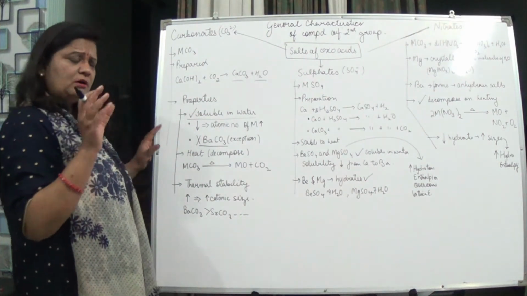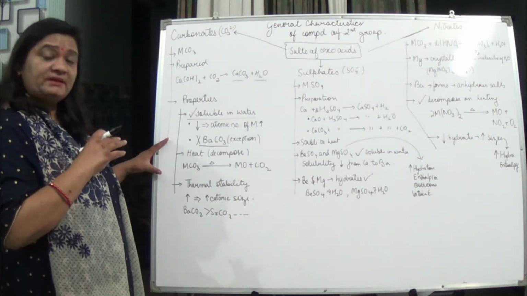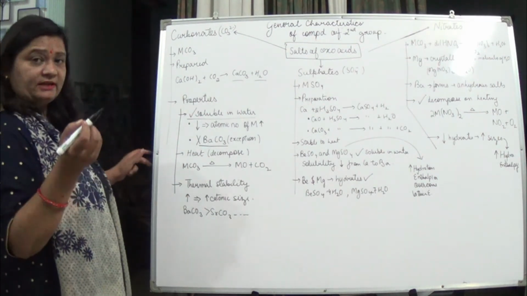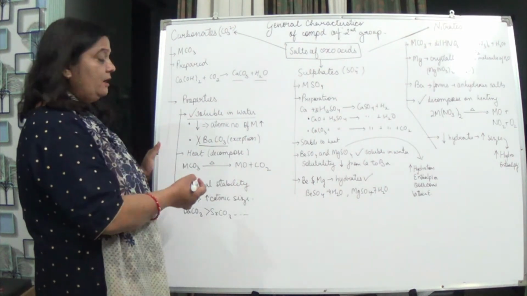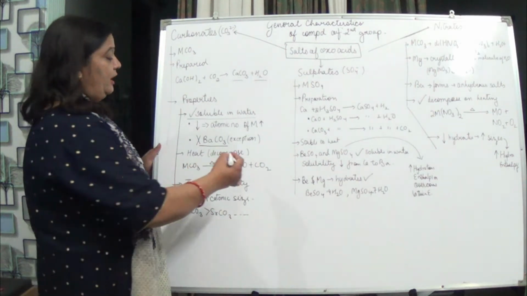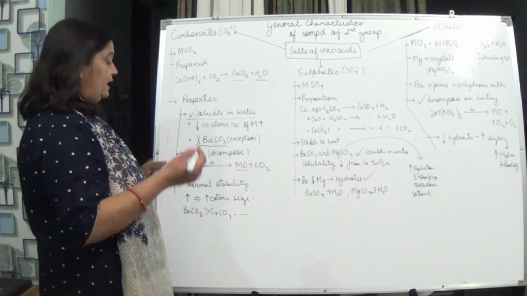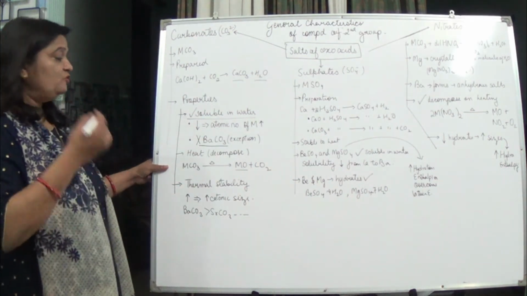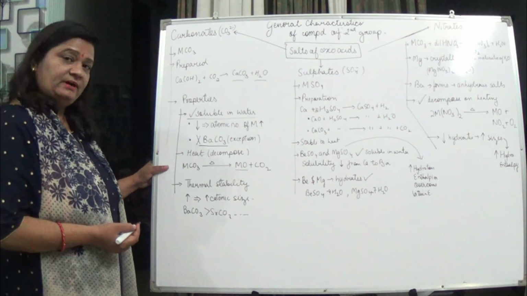When we talk about the action of heat on these metal carbonates, they decompose. And to what do they decompose? They form the corresponding oxide. Like MgCO3, if we heat it, we get MgO plus carbon dioxide.